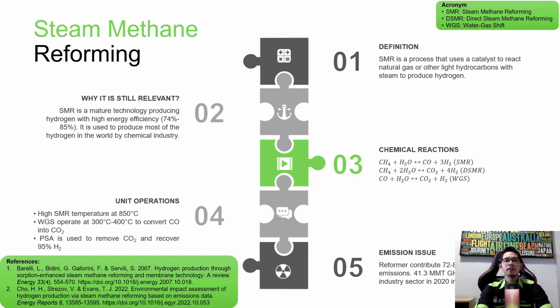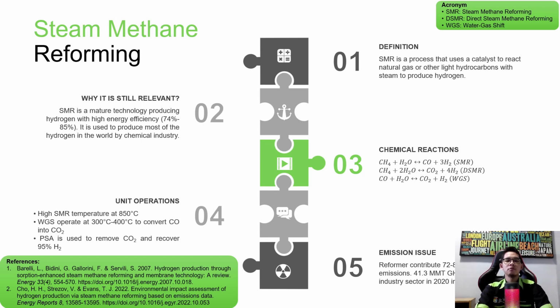The intermediate product from the SMR reaction will later undergo WGS, the water gas shift reaction, to produce carbon dioxide. The unit operations involve firstly the SMR reactor, which operates at 850 degrees Celsius, the WGS reactor, which operates at 300 to 400 degrees Celsius to convert CO into CO2, and the pressure swing adsorption, which is used to remove CO2 from the mixture of hydrogen gases, with purity up to 95%.